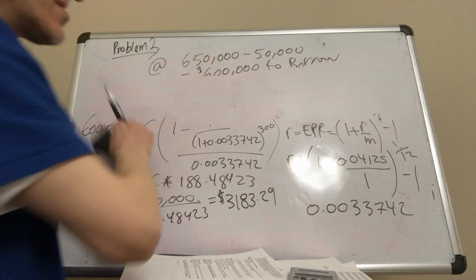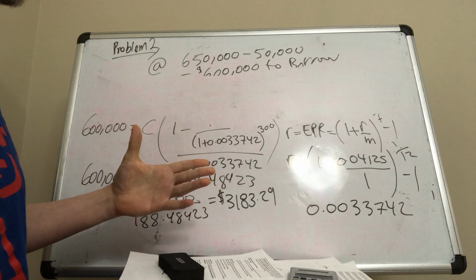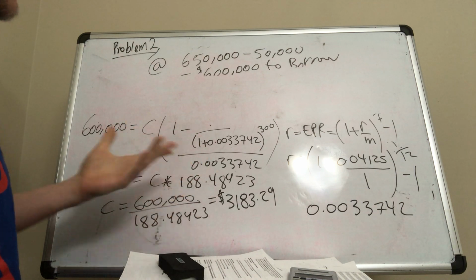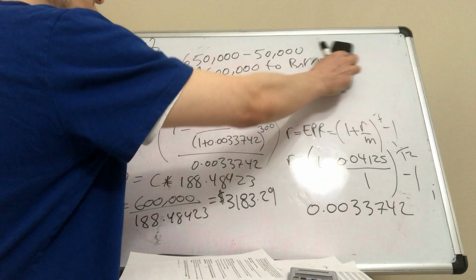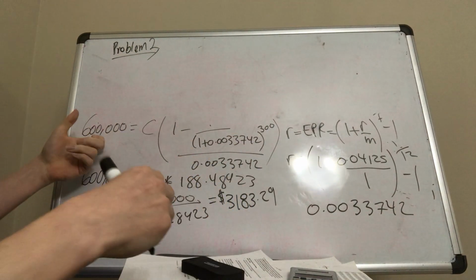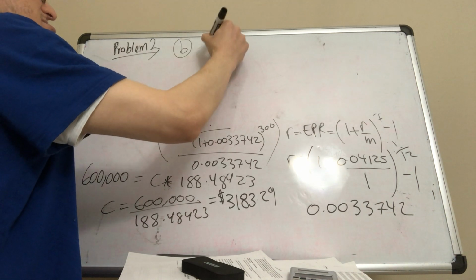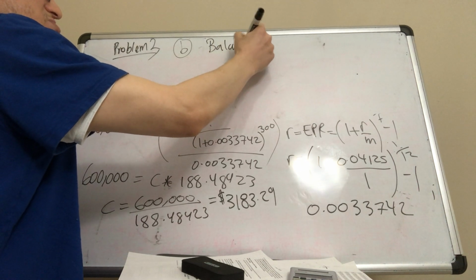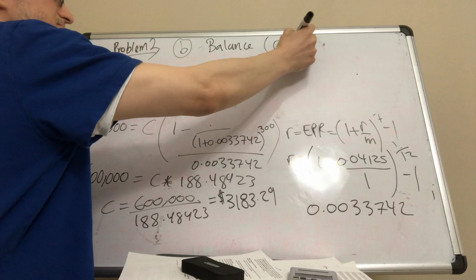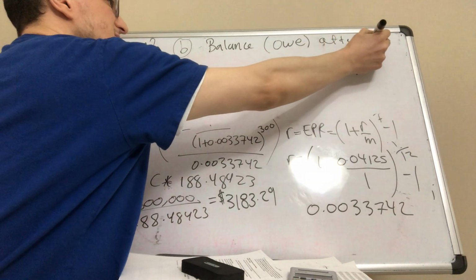So after 5 years, we need to figure out first what the balance is after 5 years. Remember, the original loan amount was $600,000. So the balance, or how much we owe, after 5 years.